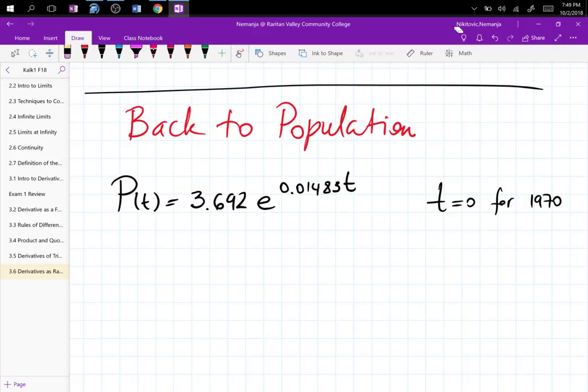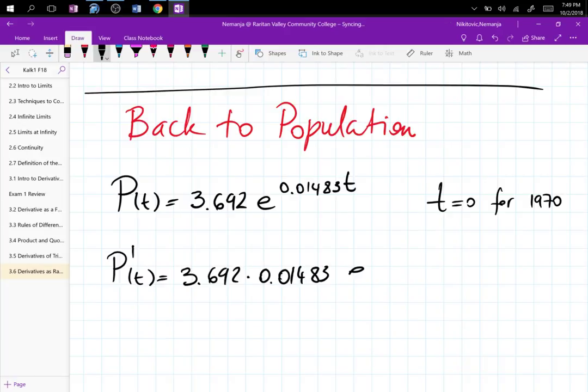So we first find the derivative P prime of t, and that's going to be 3692 times 0.01483 times e to the 0.01483t. We multiply these two numbers, keep a few decimals around.